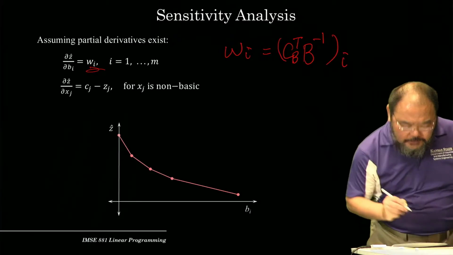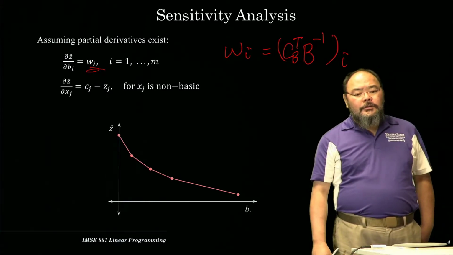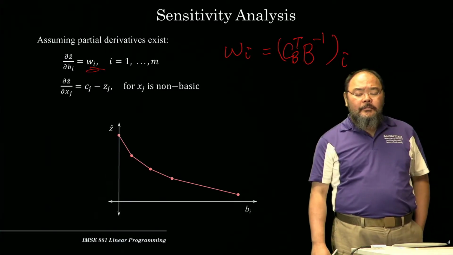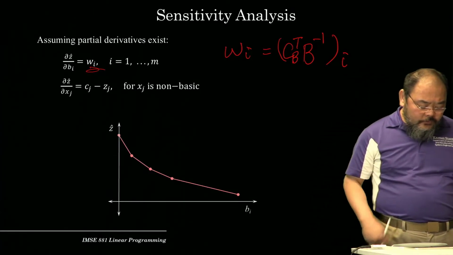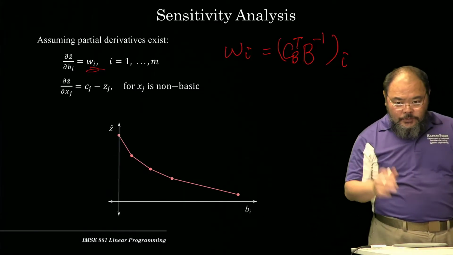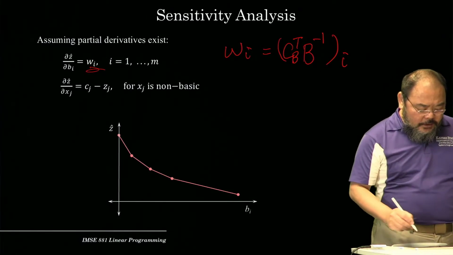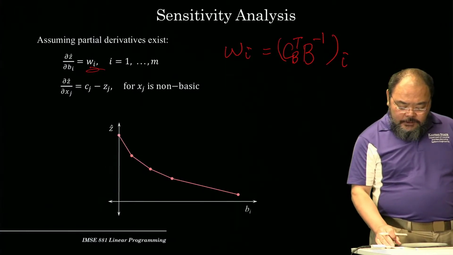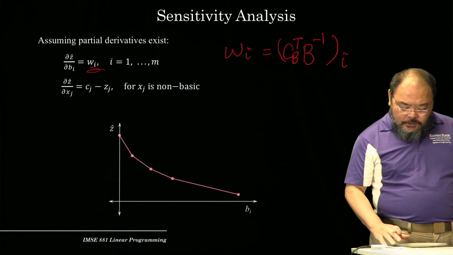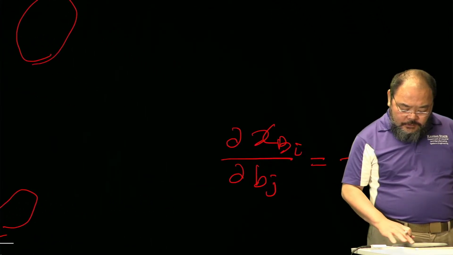If I change one of the non-basic variables from 0 to 1, every unit of that change will be Cj minus Zj. That is a fairly straightforward result. We want to make sure you know this.